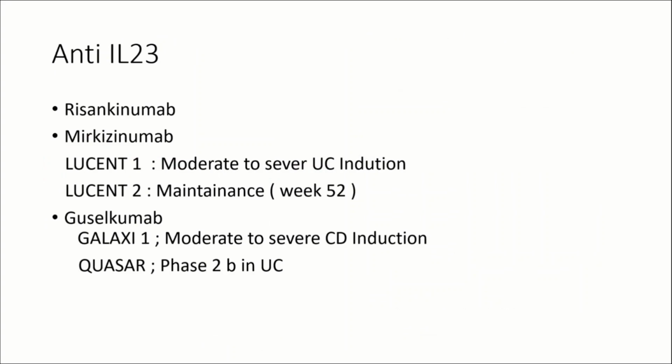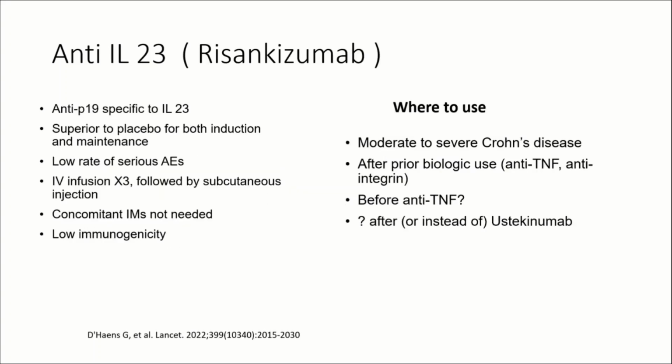Coming back to the newer class of drugs, I'm not going to talk about all of them. I'm just going to focus on the first drug because that's going to be available very soon. And it has been proven in randomized trials to be superior to placebo in both induction and maintenance. Very low rate of side effects. The first 3 injections are IV, and then you go on subcut.